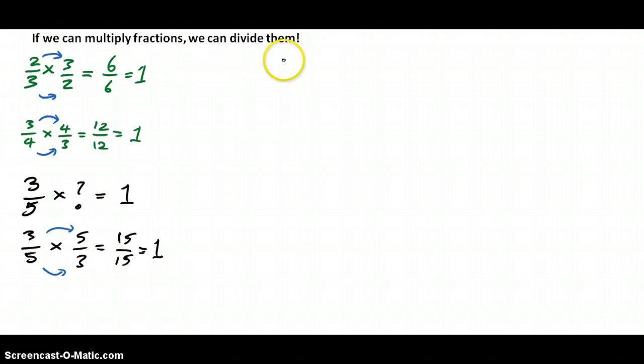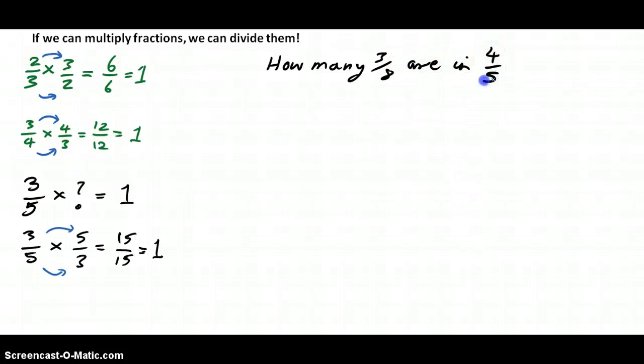I'm going to say, right, how many lots of 3/8 are in 4/5? So how many of something go into something else? That's a division. So what we're saying here is 4/5 divided by 3/8. So there we have a division of fractions.